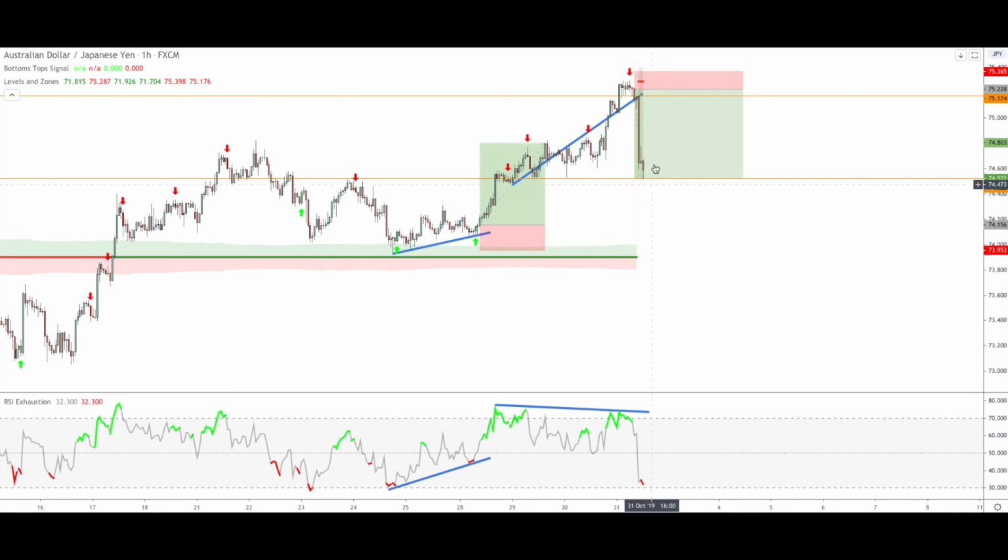At this point, like where we are right now, we can't tell where the price is going to go, so we are just not interested. Who cares where the price will go?